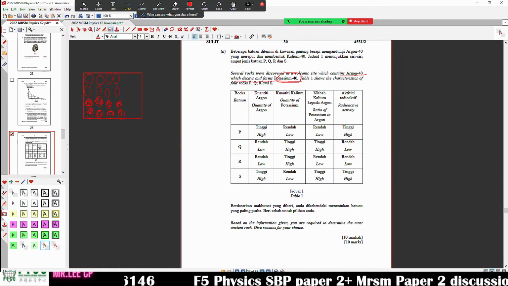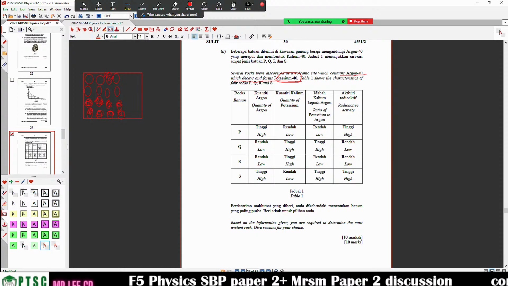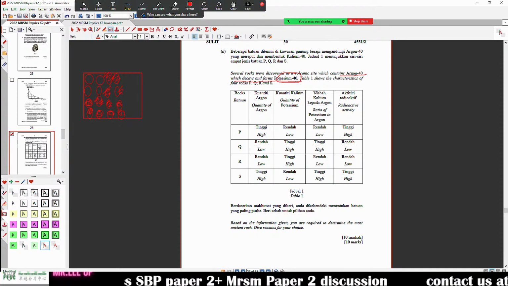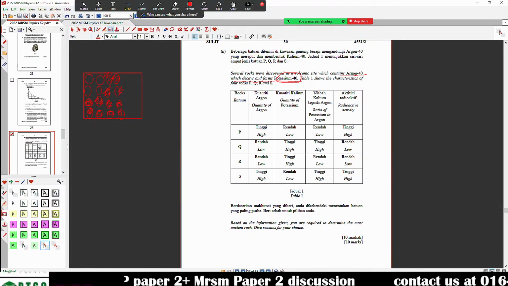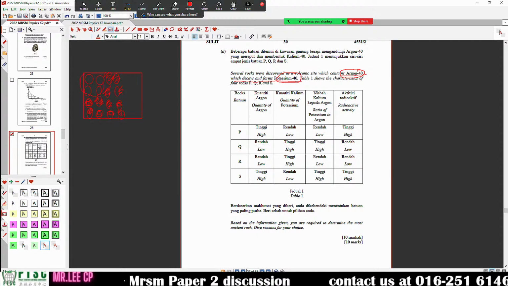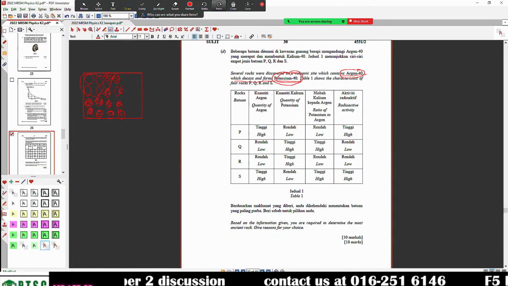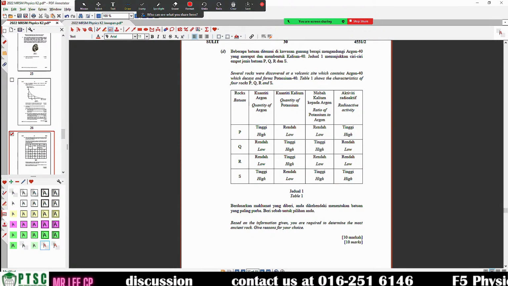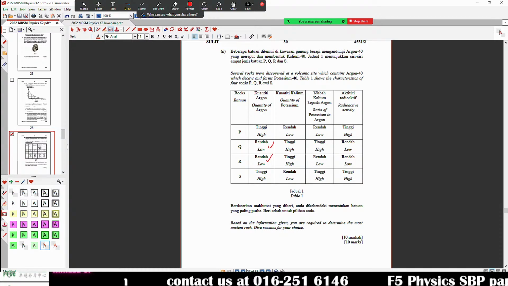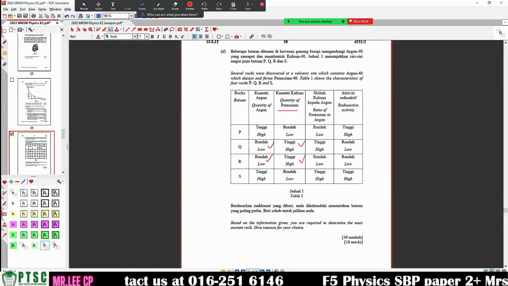So the number of potassium increases already. Then after another half-life, it becomes another half. So potassium increases, the argon is decreasing. So if you want it to be longer, argon has to be less, potassium has to be more. So the quantity of argon, you want it to be long, must be low. The quantity of potassium must be high.